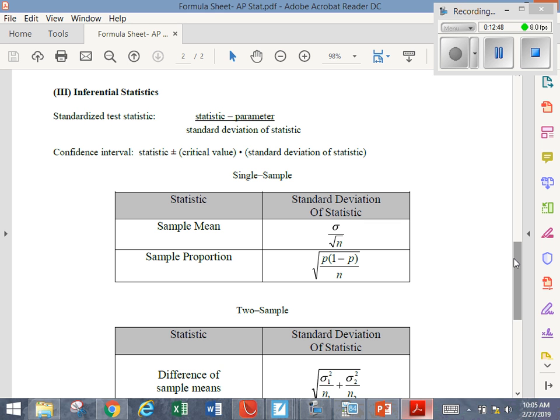For the standard deviation of your statistic, you're going to look down here at statistics and standard deviation of statistics and decide which one to use. Are you going to use the standard deviation of your sample mean or of your proportion? In this case we're going to use proportion. And the p that you're going to use in this case is the value of your null hypothesis.